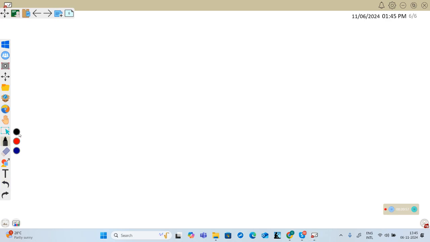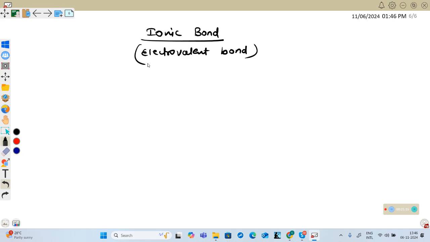Next is how electrovalent bond or ionic bond is formed and the factors affecting the formation of ionic bond. It is also called electrovalent. Electrons are exchanged. Then one atom turns into a cation and another atom turns into an anion, and they both attract each other with the electrostatic force of attraction.